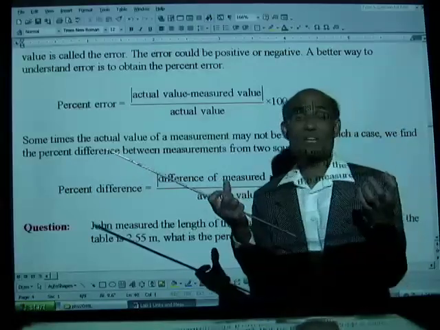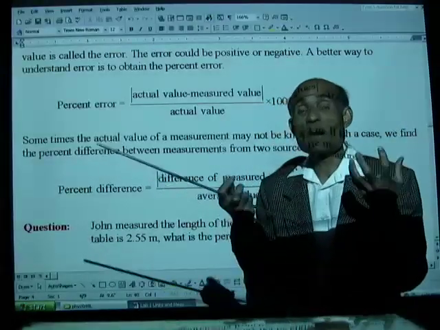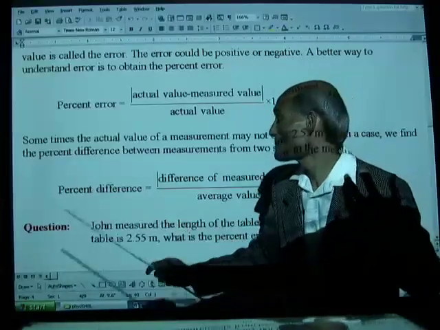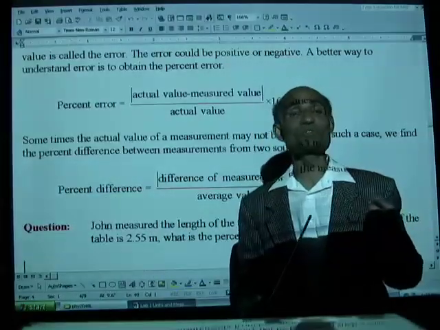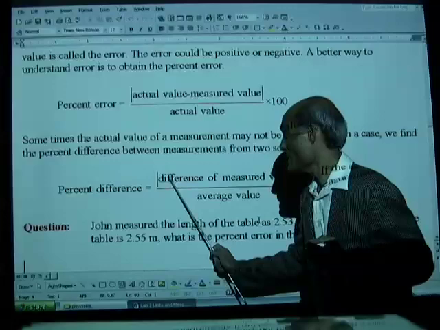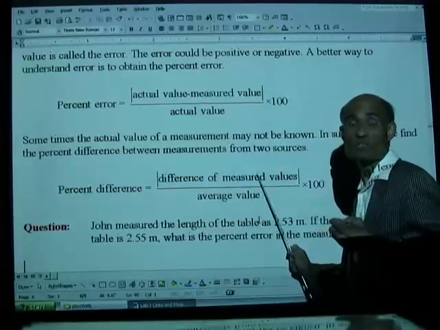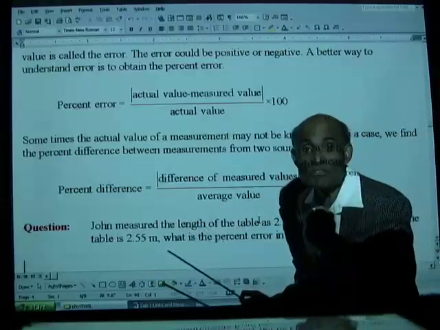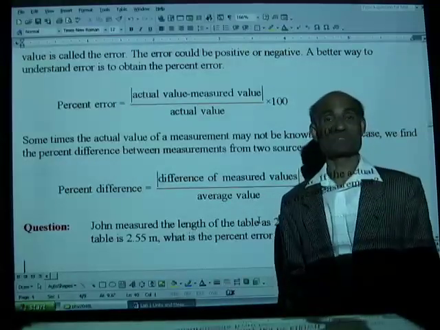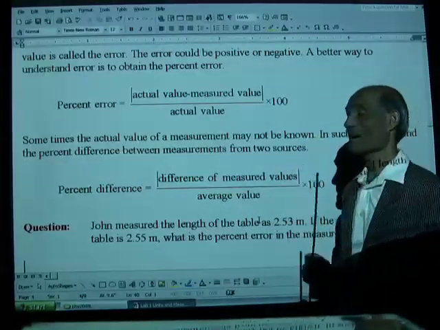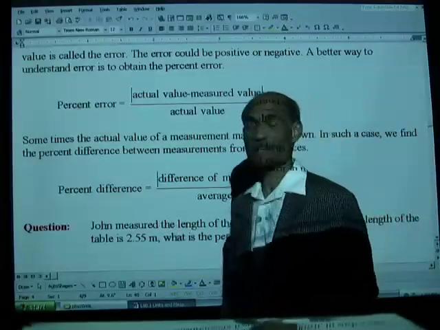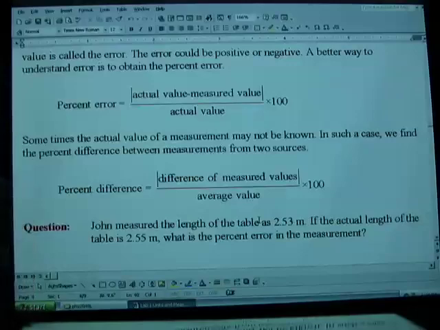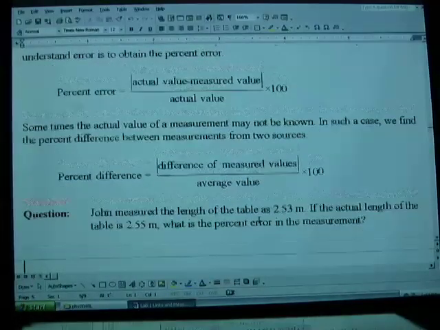So if you are making two measurements, and if you want to calculate the percent difference between those two values, then find the difference between those two values, divide it by the average of those two values, and then multiply it by 100. That will be the percent difference. So take note of these equations and keep them with you all the time.